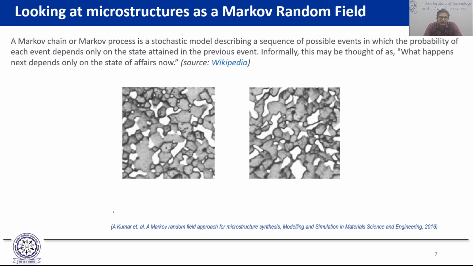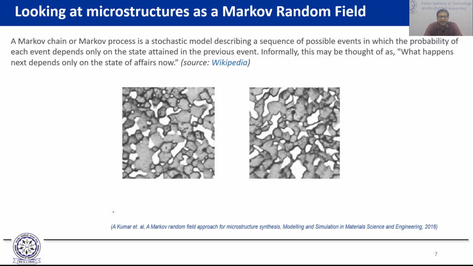Now, why is this really important for microstructures? How can these Markov chain processes help us in describing microstructures? Well, this is useful because when you think of materials, these materials often show a very complicated set of patterns as far as the microstructure is concerned, in terms of grains having different shapes and sizes, in terms of the different phases which are present, and even in terms of the defects which can creep into the microstructure.